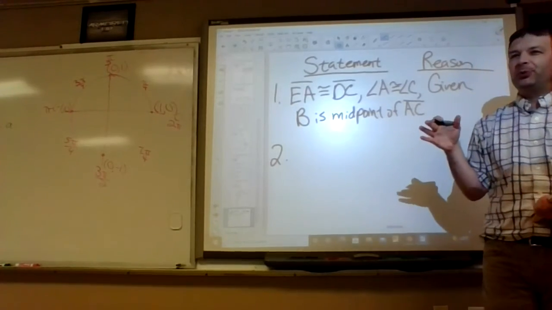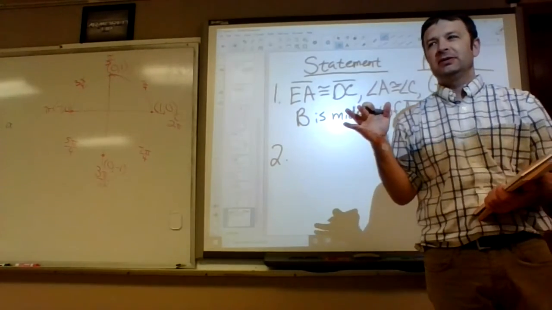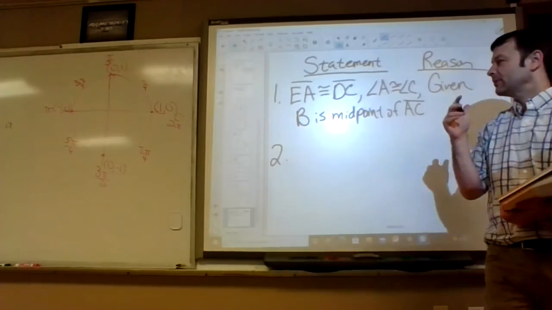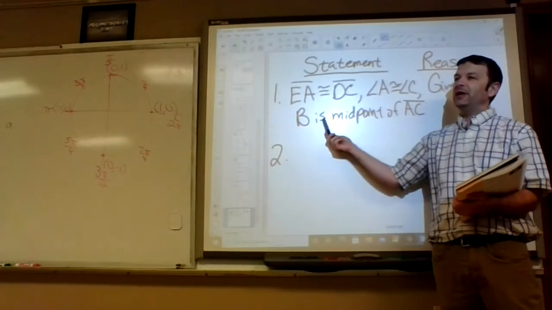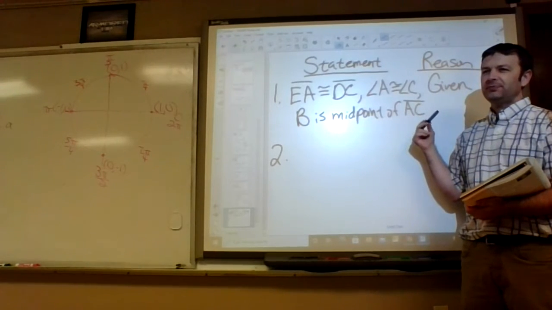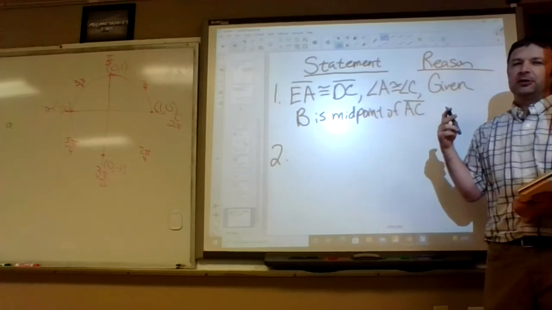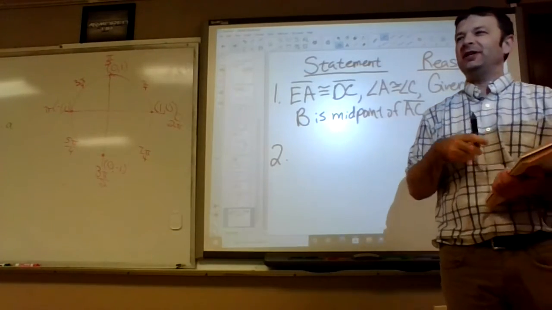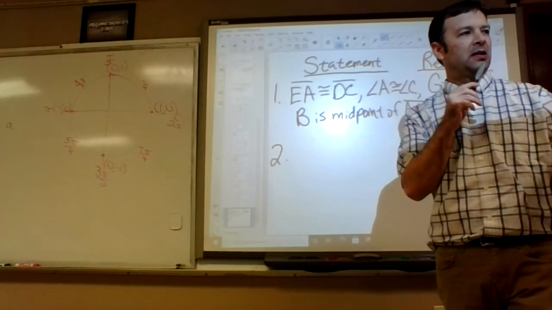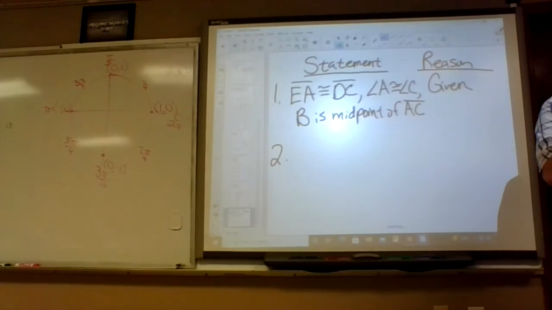If B is the midpoint of AC, then what else must we know? Look at the picture. If B is the midpoint of AC, what else must be true?